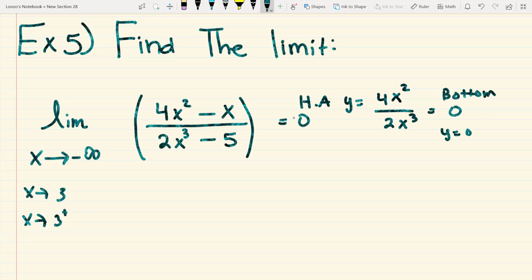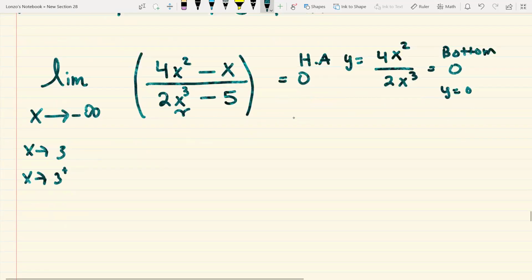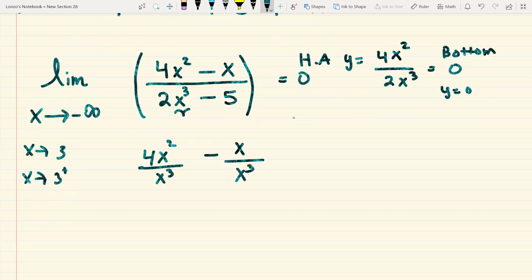If you look at our bottom, our highest term is x cubed, right? So divide each term by x cubed. So it would be 4x squared over x cubed minus x over x cubed. And then on the bottom, it's 2x cubed over x cubed minus 5 over x cubed.